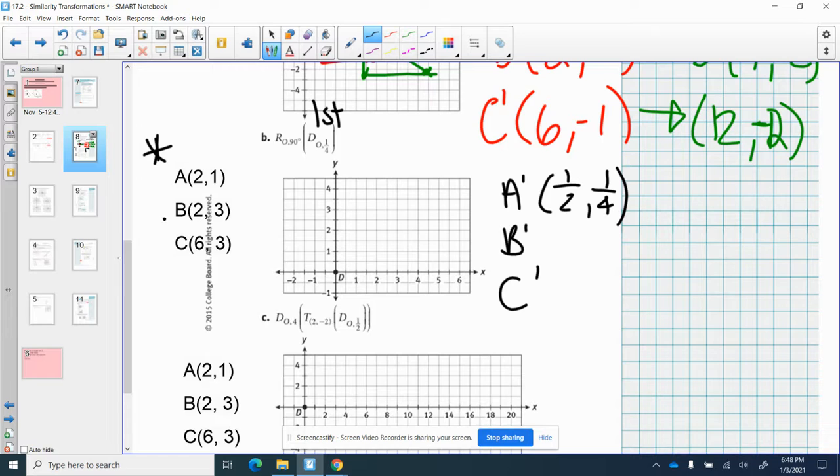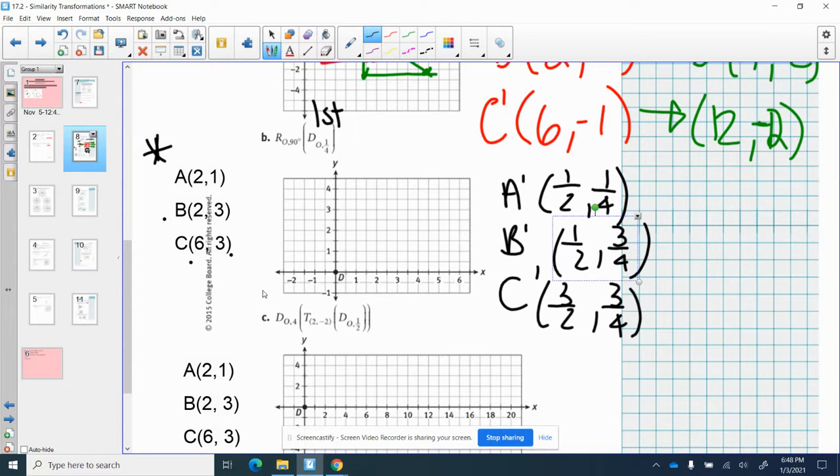And then B is going to be multiplied by 1/4, and we're going to end up with, oops, excuse me, my gosh, what am I doing? 2 times 1/4 is 1/2. And then 3 times 1/4 is 3/4. And then last but not least, we have (3/2, 3/4) when we multiply 6 and 3 by our scale factor of 1/4.